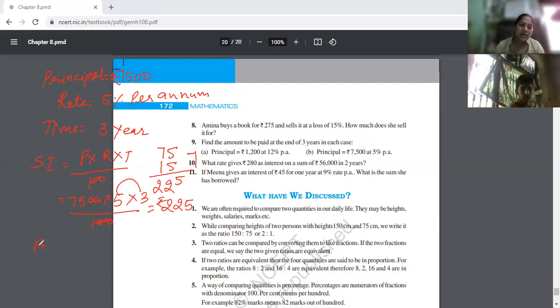And what is the amount? 7,500 plus 225 is 7,725 rupees. That will be the correct answer. Okay, is your answer the same? Yes, ma'am. Okay, Nancy, now clear?